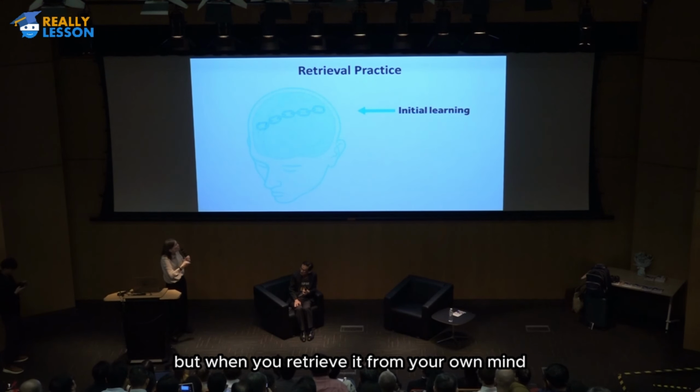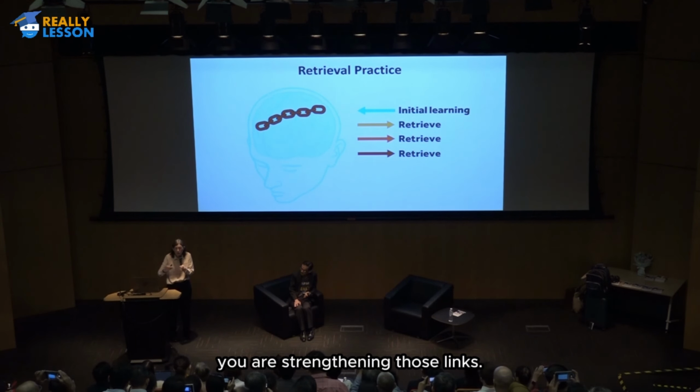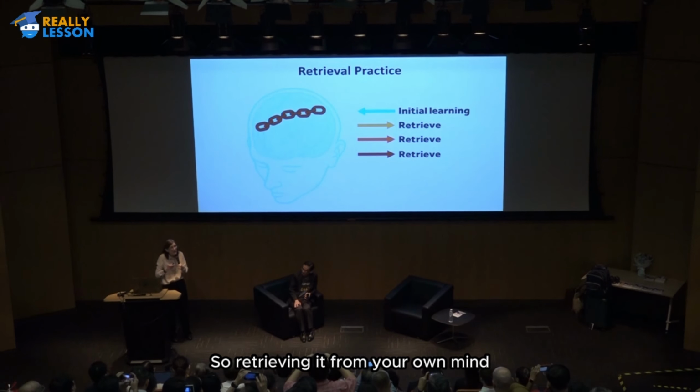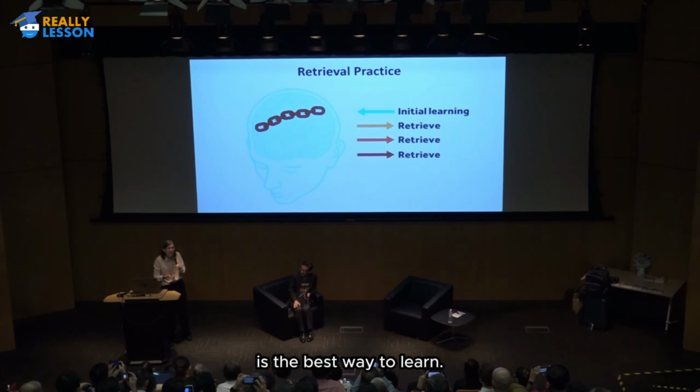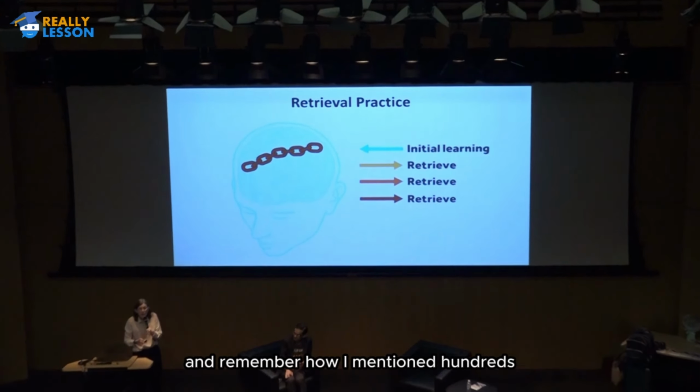But when you retrieve it from your own mind, you are strengthening those links. So retrieving it from your own mind is the best way to learn. And remember how I mentioned hundreds of papers? Here we go. Hundreds and hundreds of research papers have shown that retrieval practice is by far the best technique.